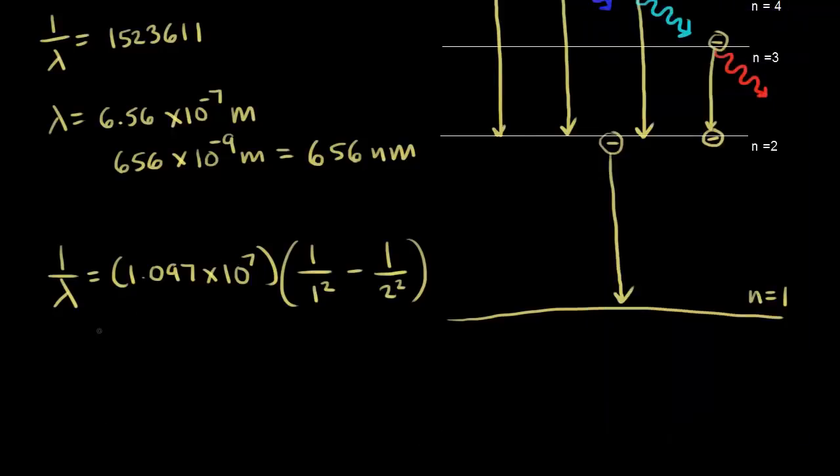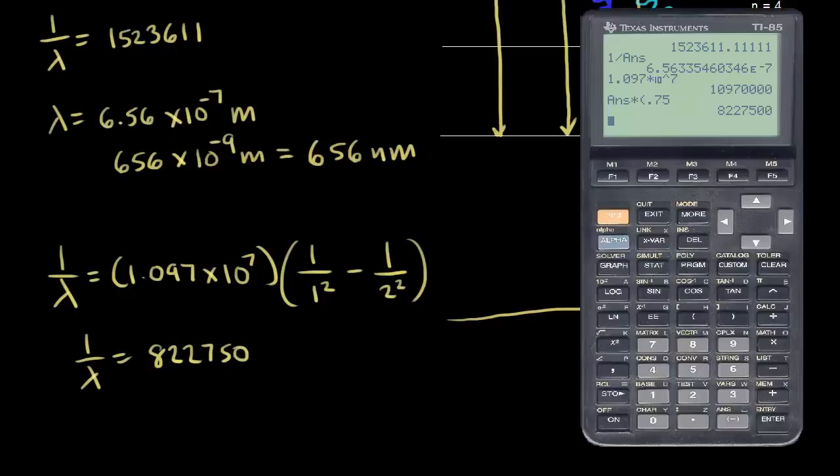So let's write that down: 1 over the wavelength is equal to 8227500. To solve for that wavelength, just take 1 divided by that number, and that gives you 1.215 times 10 to the negative 7, and that'd be in meters.